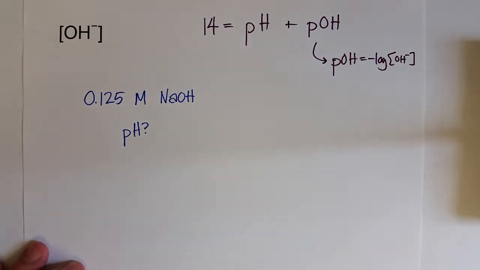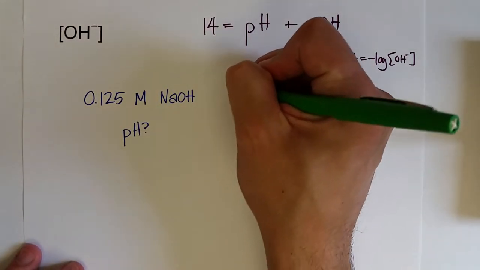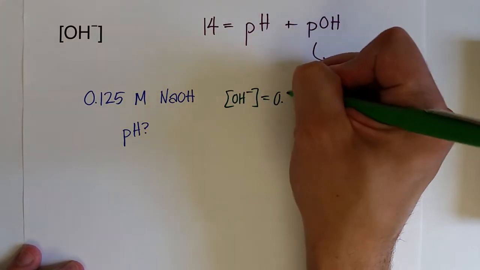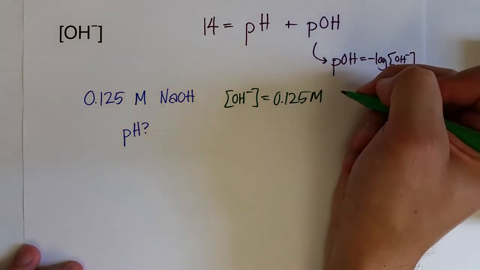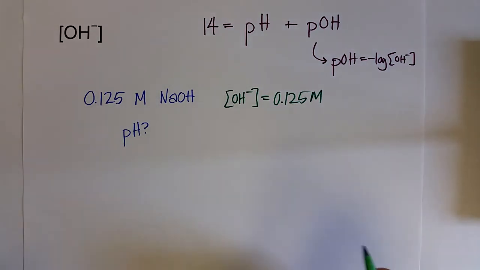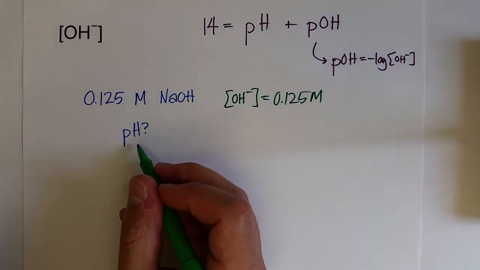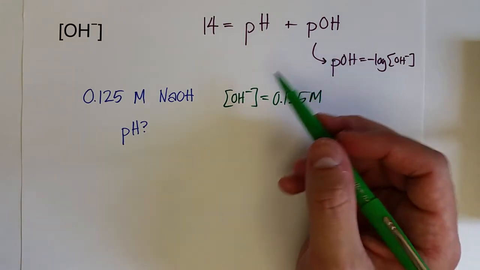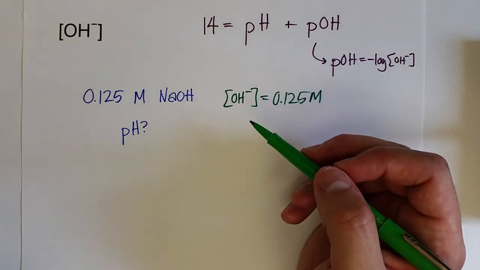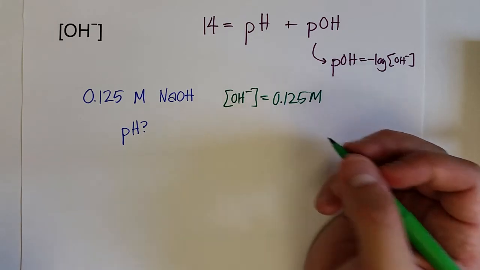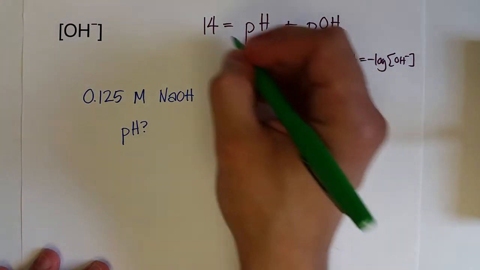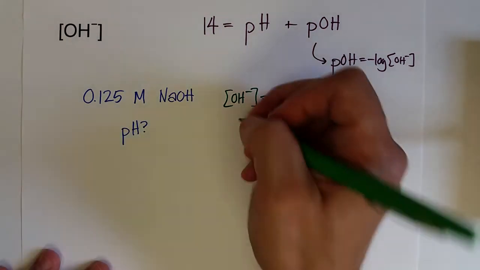So if that's the concentration of sodium hydroxide, we also know that is the concentration of hydroxide ion. So the hydroxide ion is 0.125 molar. pH is what we want, but of course we know the concentration of hydroxide. We don't know the concentration of hydronium. So what we can do is calculate the pOH first and then use this equation to figure out the pH.